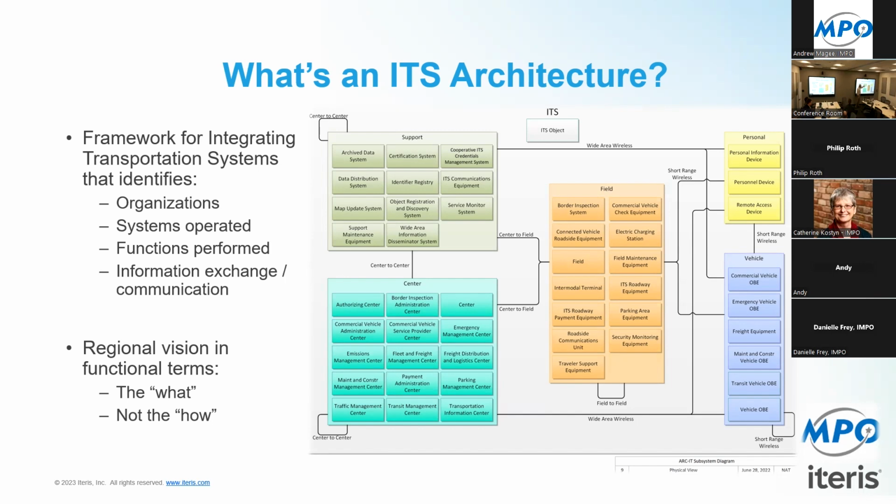There's also data distribution. We want to monitor these systems. When we start talking about connected and automated vehicle map system, map updates, we want to see the configuration of that intersection, be able to give that to a vehicle approaching that intersection. So we know what lane they're in, they know the configuration and geometry of the intersection.